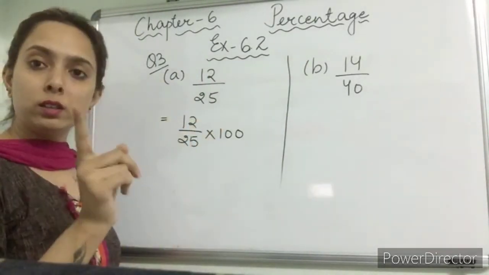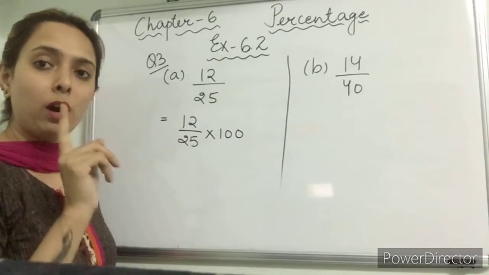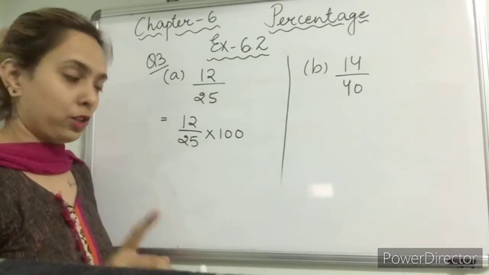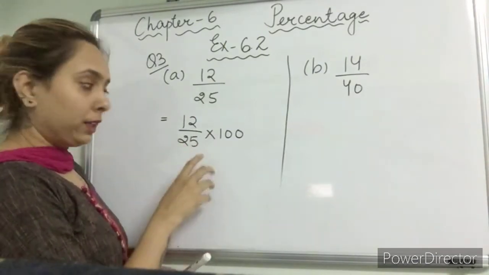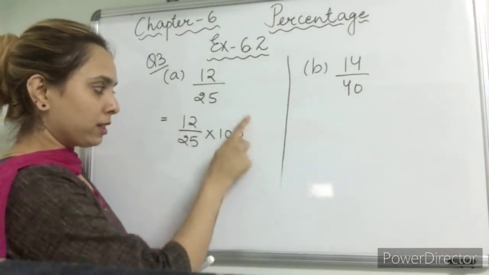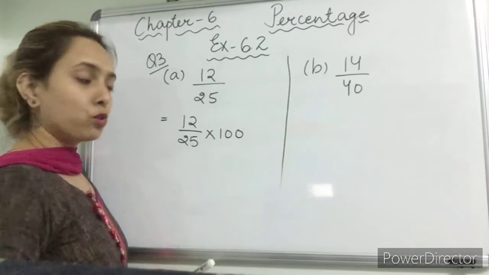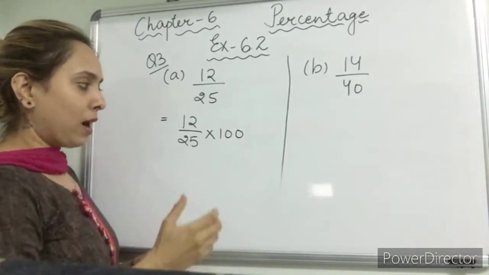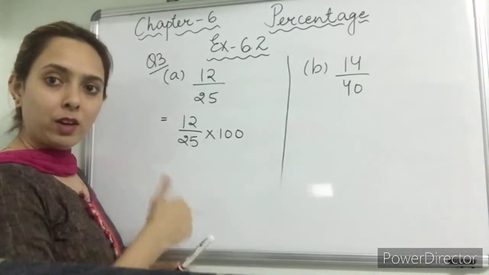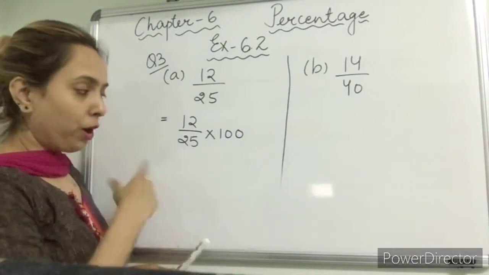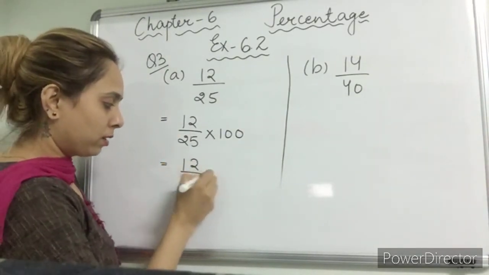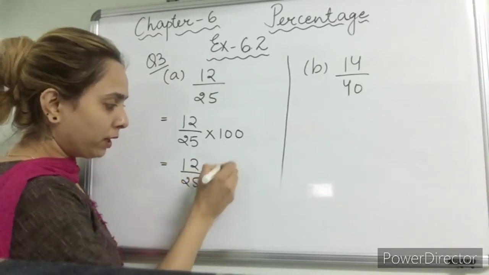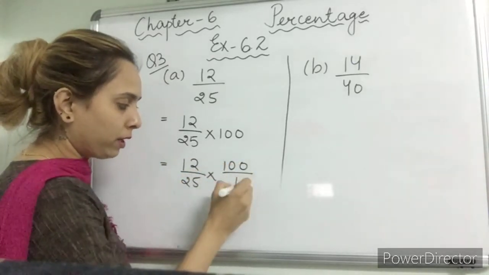Here we will not convert the denominator into 100. We will not find the equivalent fraction. So now you all know that it's a fraction and it's a whole number. Whenever a whole number is given to us, we can convert it into a fraction or you can directly solve it. So let's convert it into a fraction by putting 1.